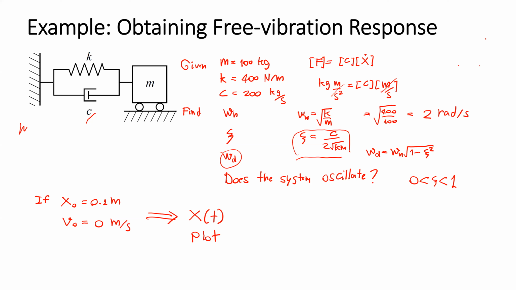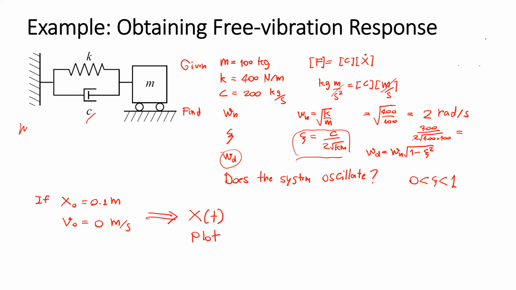How about the damping ratio? C is 200 divided by 2 times the square root of 400 multiplied by 100.